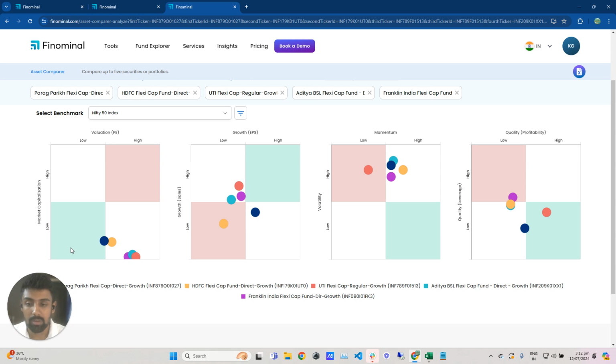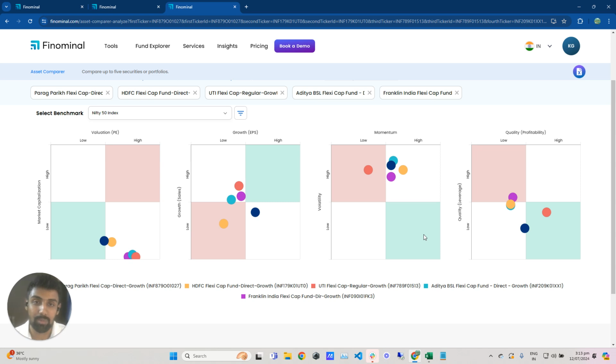Another thing to notice is that it's highly volatile. All these 5 funds are highly volatile. You can see the high here, and except the UTI fund, all the other 4 funds are also highly exposed to the momentum factor itself. So the returns are really good in this category.